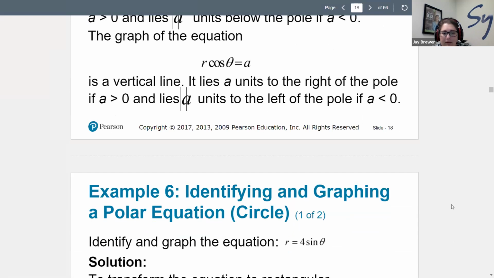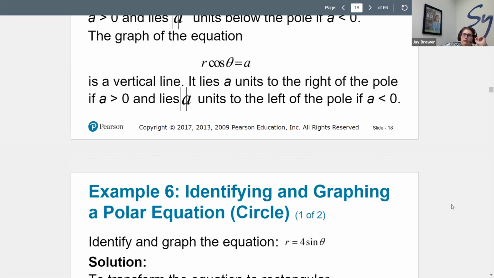So if we want to identify and graph the equation r equals 4 sine theta, what are we going to do? What's our first step to go from polar to rectangular?